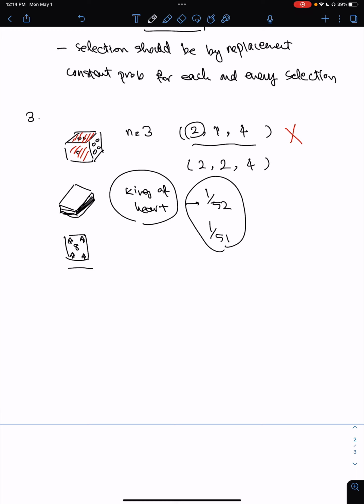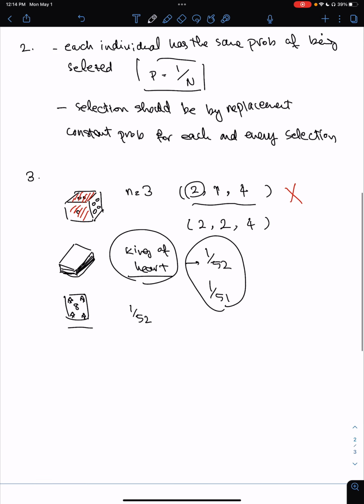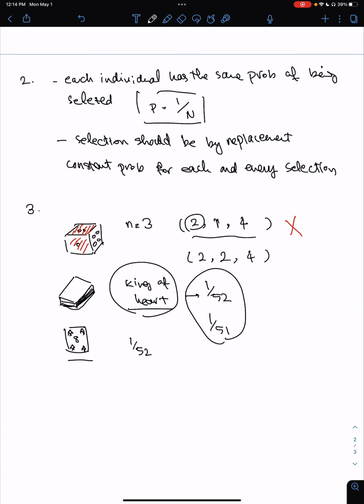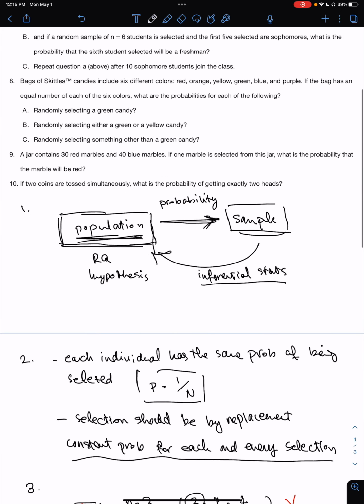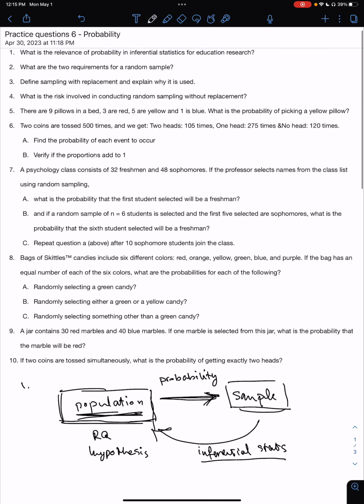For the next pick, the probability of picking the King of Hearts is still 1 over 52. This ensures that the requirement that probability remains constant is met. If we don't replace it, it changes the population and the probability of being selected every time.